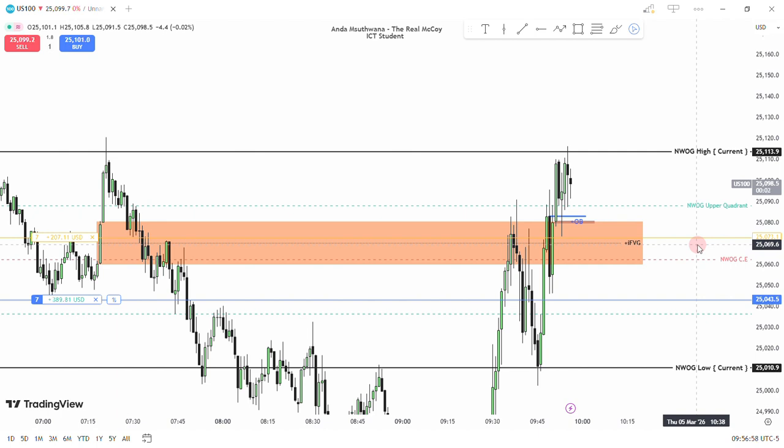So now I've moved my stop loss once again to the low of the previous low.